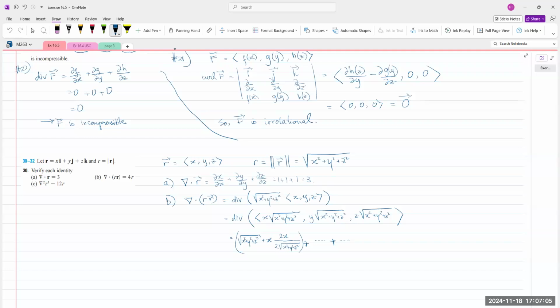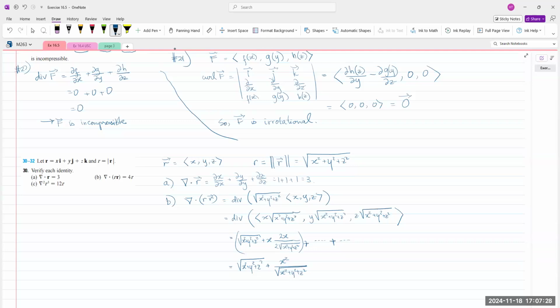What I want to show you is that the first part here we will get the square root of x squared plus y squared plus z squared plus x squared over the square root of x squared plus y squared plus z squared.